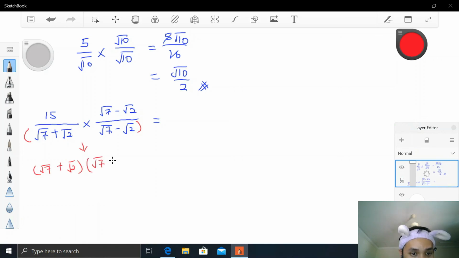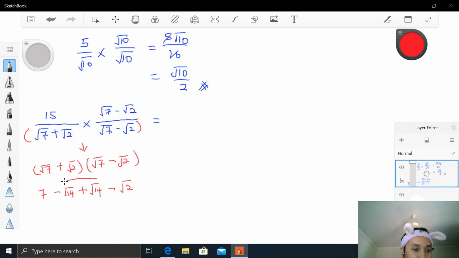it's like how you normally do it for your quadratic expansion. Surd 7 multiplied by surd 7, same thing, so 7. Surd 7 multiplied by surd 2, so it's negative surd 14. This one multiplied by surd 14. And then surd 2 multiplied by surd 2, you get back the same thing, so 2.